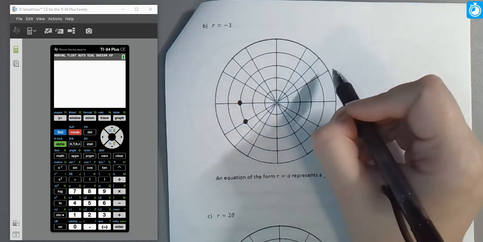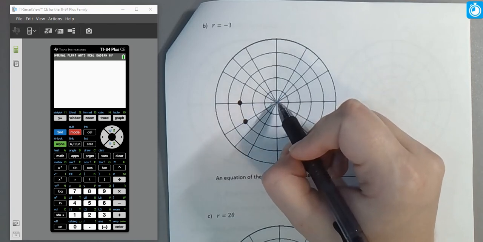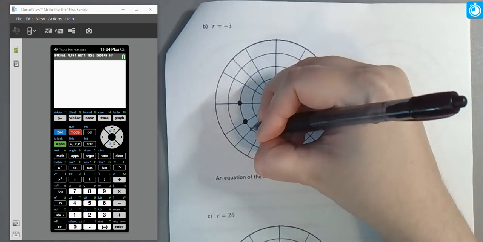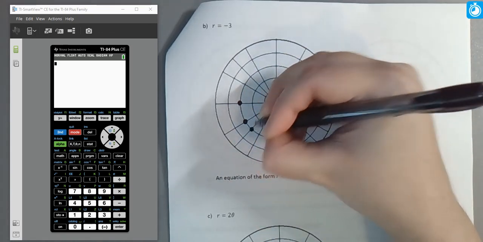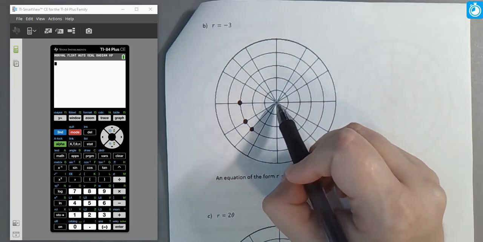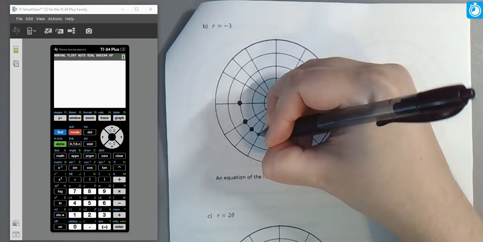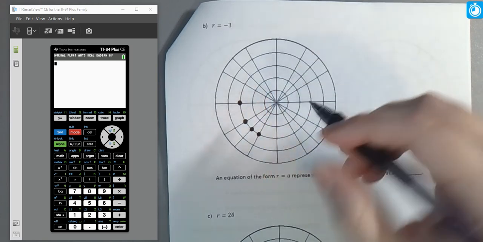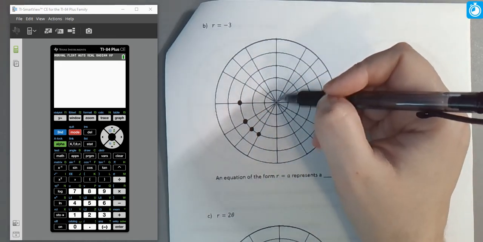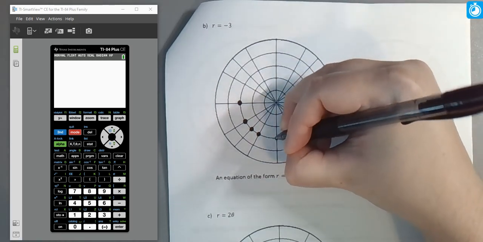If r is -3, we go in the opposite direction, -1, -2, -3. Suppose we keep rotating and theta is pi over 3. Well, if r is -3, again, that means 3 units in the opposite direction out to the third ring. And then if we kept rotating up to pi over 2, theta is pi over 2, but if r is -3, we're going in the opposite direction out to the third ring.